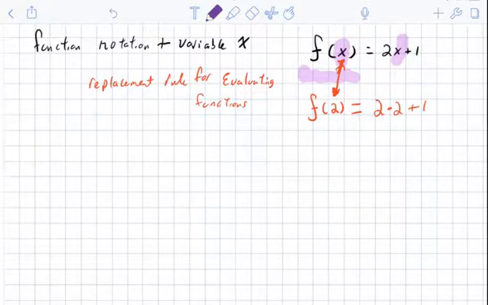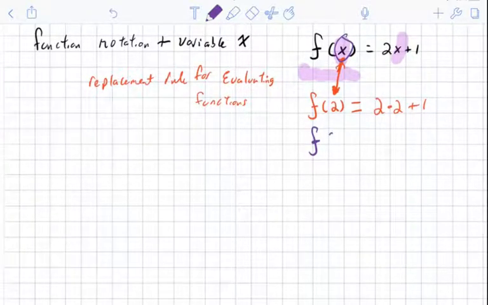So instead of writing it in terms of the variable x, I could just as easily have written it in terms of t. Or I could just as easily have written it in terms of the variable u.